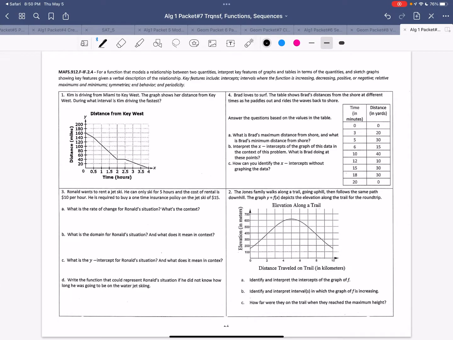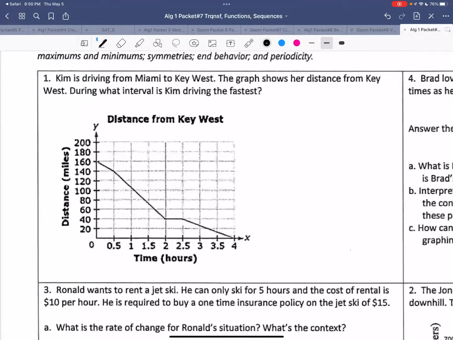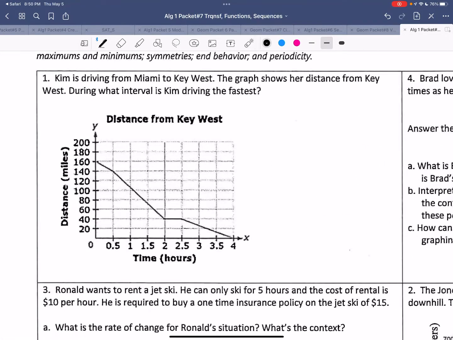The first question says, Kim is driving from Miami to Key West. The graph shows her distance from Key West. Here she's in Key West, and here she's 4 hours away. So we want to make sure what we are looking at.